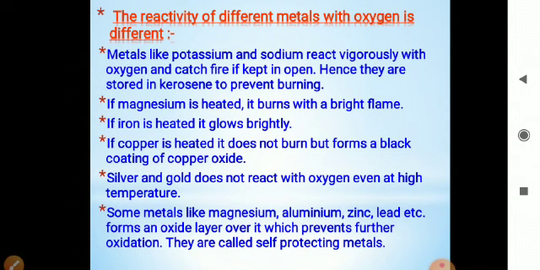And some metals like copper and iron react with prolonged and strong heating. But a few metals like silver and gold do not react with oxygen even at a high temperature or even at prolonged heating. So every metal's reactivity with oxygen differs.